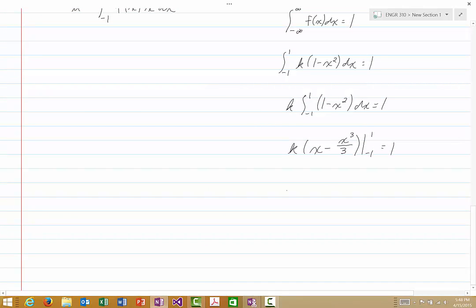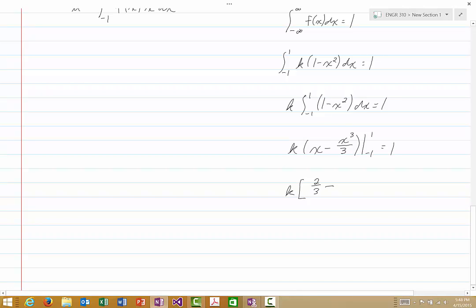And when we evaluate this at the upper limit, we're going to get 1 minus 1 over 3, so 2/3.